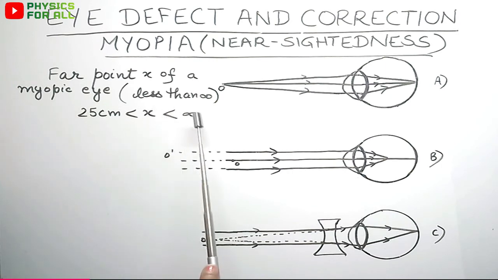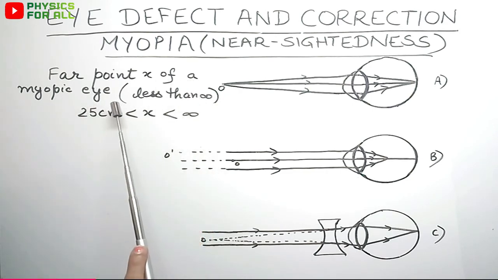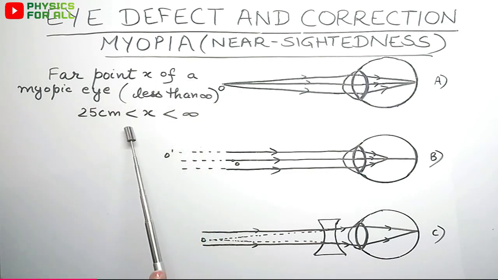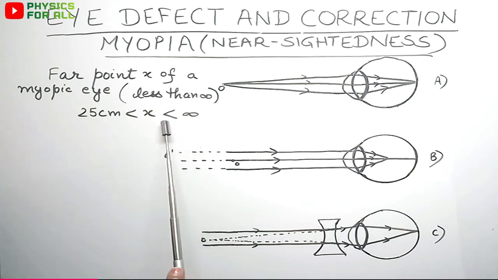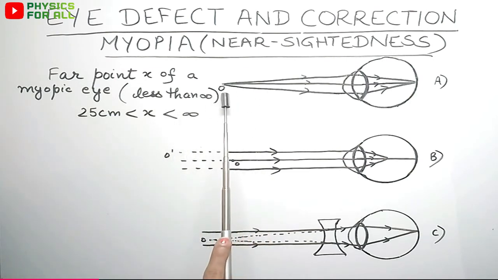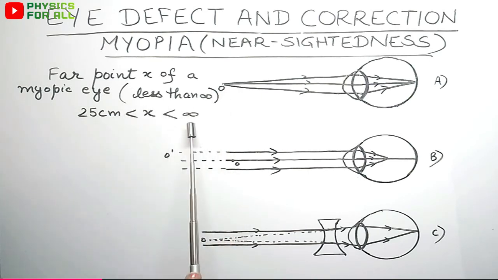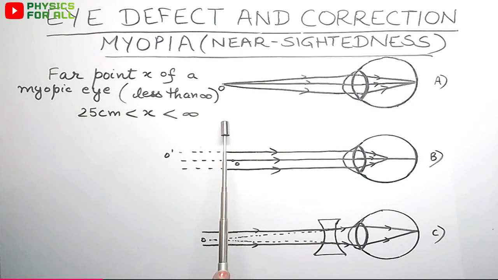But the person has difficulty in seeing objects placed at infinity, very far away. So the far point of a myopic eye is greater than 25 centimeter but less than infinity. If I say that this point O is the far point of a myopic eye, then it lies between 25 centimeter and infinity. It is somewhere in between.